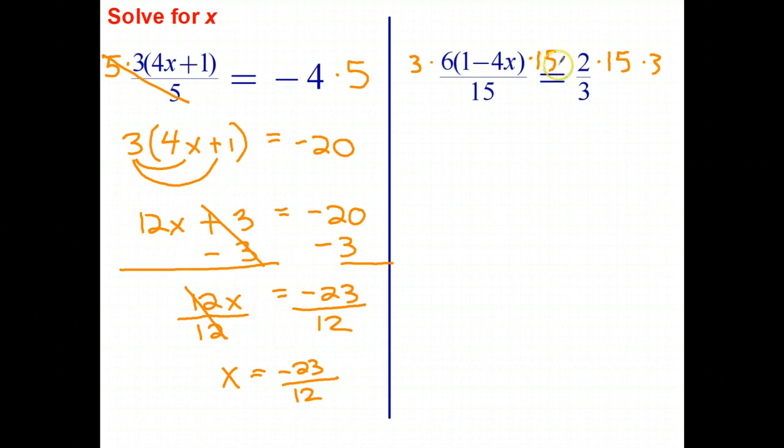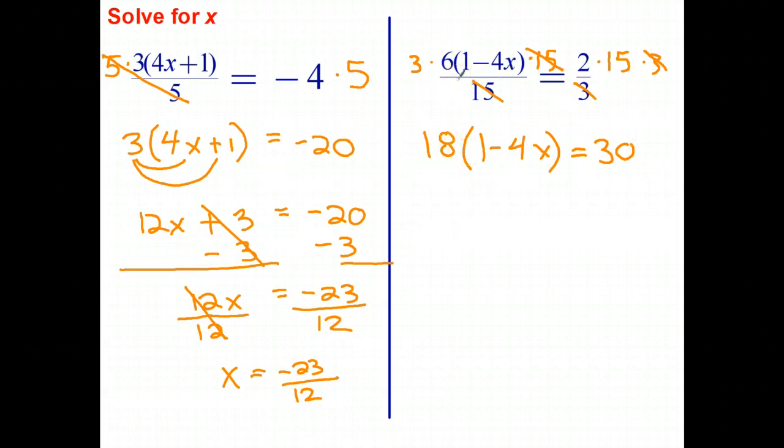The reason for doing that, of course, is the 15s cancel out on that side. 3 times 6 is just 18, outside of 1 take 4x. On the other side, the 3s divide out, and 2 times 15 is 30. So that's my new equation, and in the first step I've managed to get rid of both of the fractions.